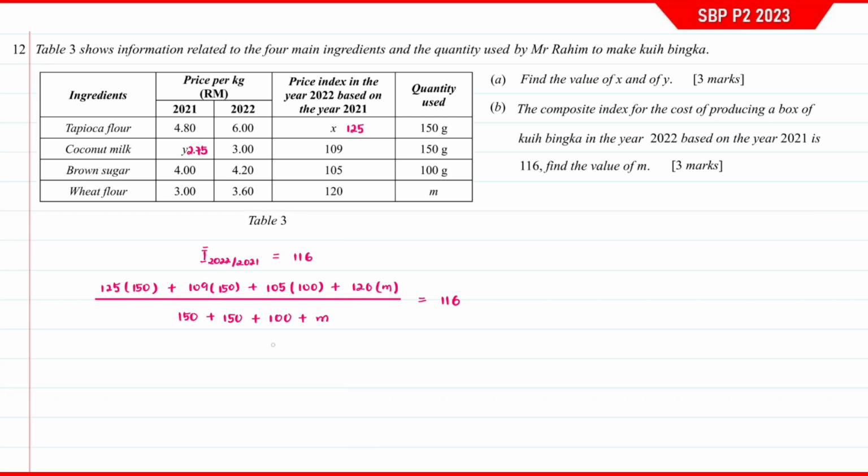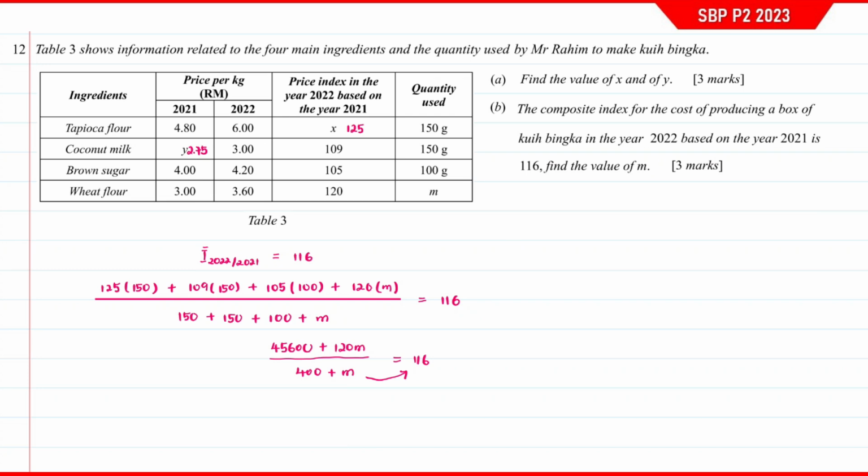So next we're going to get 45600 plus 120 M over 400 plus M. This is equal to 116. Next, move the 400 plus M to the other side.